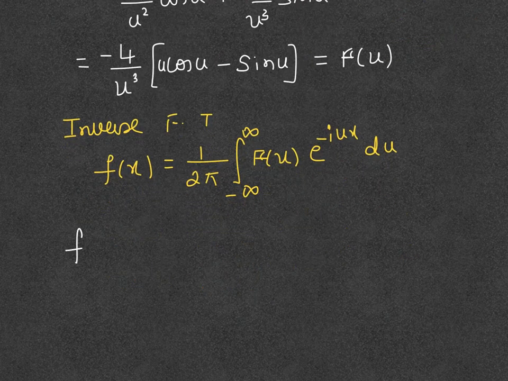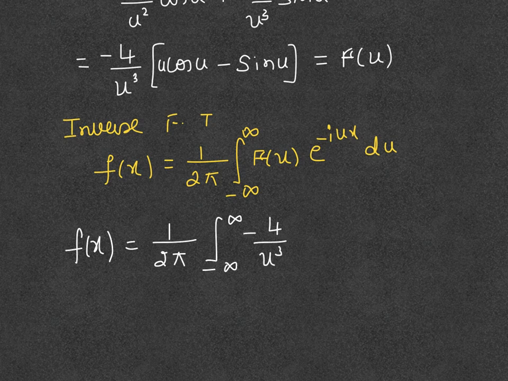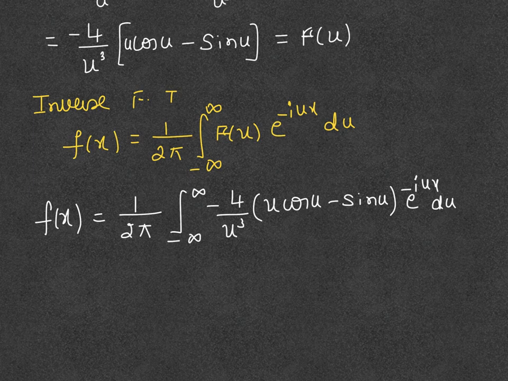So it gives us f of x is equal to 1 by 2 pi integral minus infinity to infinity. We have the result minus 4 by u cube into u cos u minus sin u into e power minus iux into du. We require the result only like x cos x minus sin x divided by x cube.